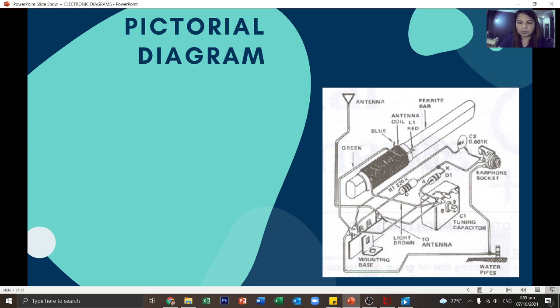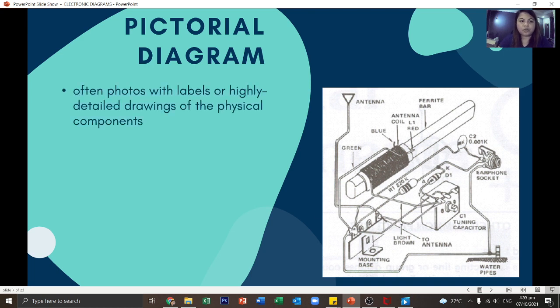Like this one, the resistor is wired here in this terminal of the mounting base and on the other side of the earphone socket. Okay, this is very clear but a very tedious diagram to make, obviously, especially if you don't know how to draw. It is often photos with labels or highly detailed drawings of the physical components.